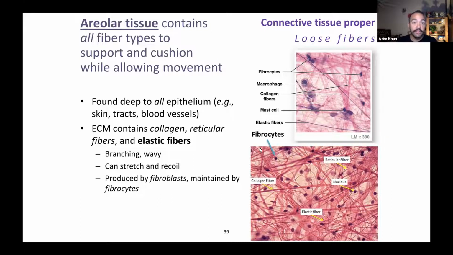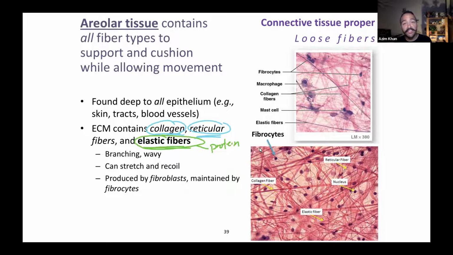It's pretty loose. What's unique about areolar connective tissue is that it has collagen in its extracellular matrix. It has reticular fibers in its extracellular matrix, and it has elastic fibers. This is our third fiber type. This is also a protein.